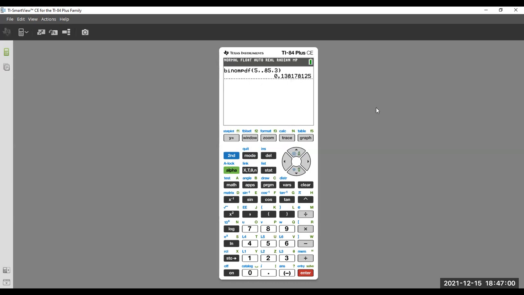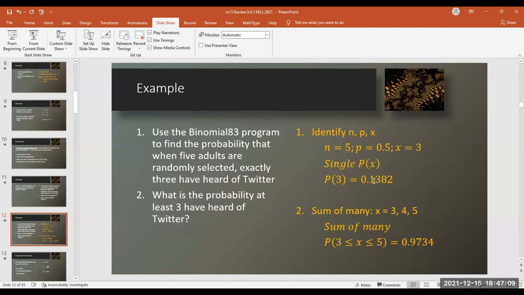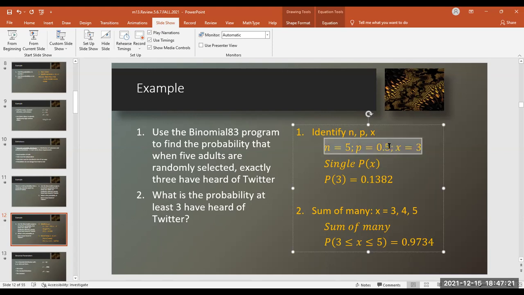0.138. So let me stop my sharing and come back over here to the PowerPoint and just make sure that we are in the right ballpark. And I've identified the N, the P, oh, I've got a typo there too. Darn. I probably shouldn't use this as my opportunity to fix that. I'll fix it later.